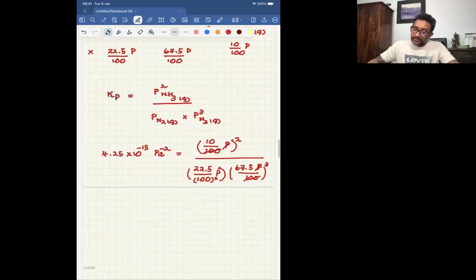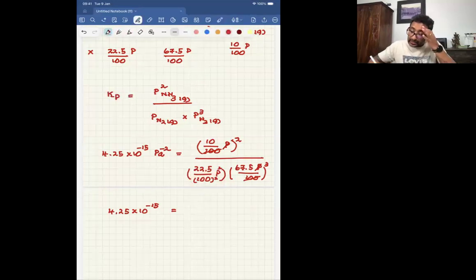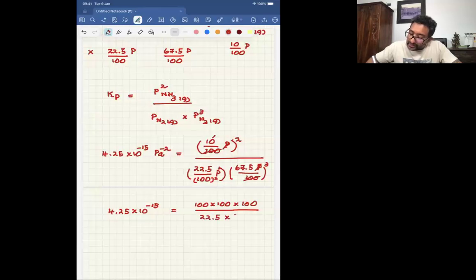So 4.25 times 10 to the power minus 15 equals 100 squared, when you take it up there, 100 times 100, and here also there is another 100, divided by 22.5 times 67.5 to the power 3 and P squared.